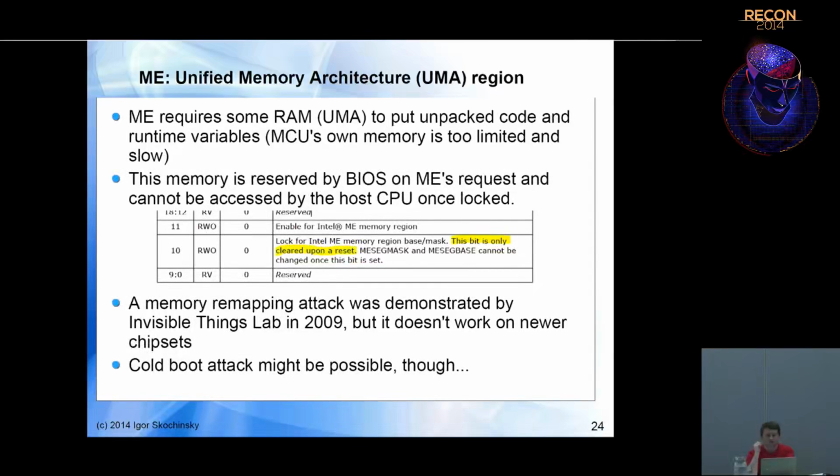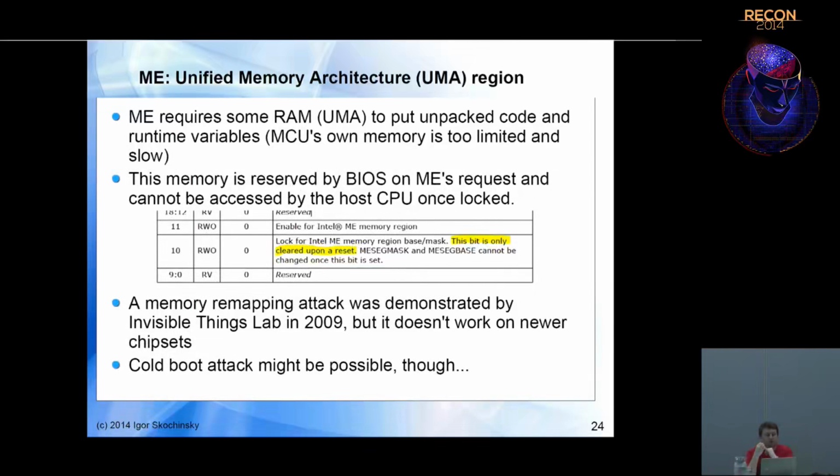First, when it boots, of course, it boots using its own RAM, a small amount, a couple of kilobytes, I think. But then it waits for the BIOS to boot and for the main CPU to boot, and waits for the communication from the BIOS. So what the BIOS does, it checks the registers that ME sets to check how much space ME needs. BIOS allocates this chunk of memory at the end of your RAM, and then it programs into the chipset registers this address and length of this region, and then it sets the lock bit.